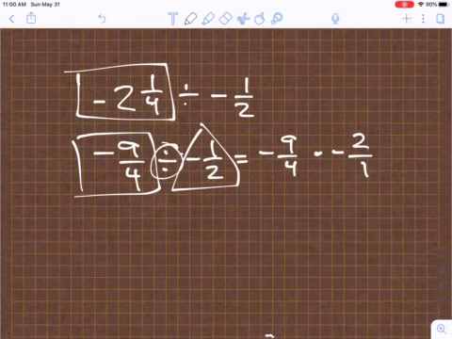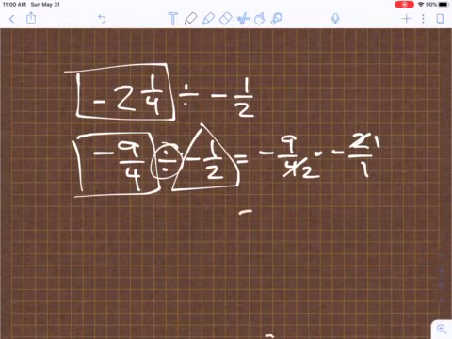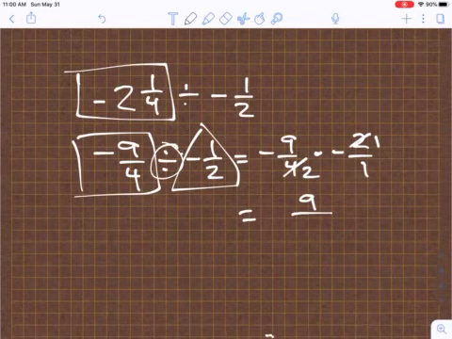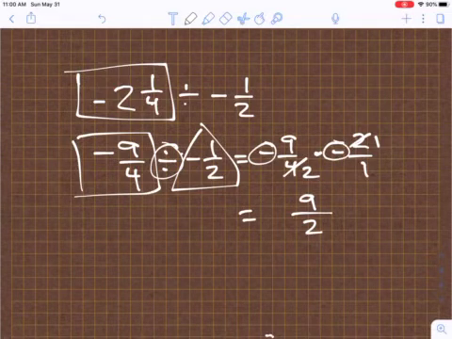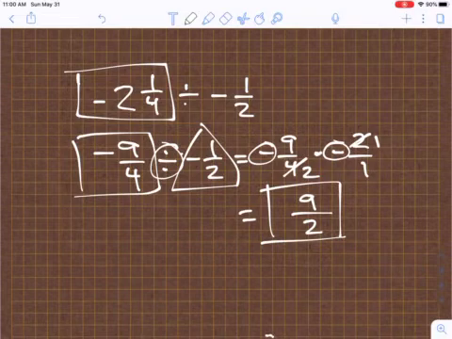So we can do some cancellation on this. 2 goes into 4 2 times, goes into itself once, and then you multiply. Negative 9 times, or sorry, let's ignore the negatives. So 9 times 1 is 9, and then 2 times 1 is 2. Then you have a negative times a negative, which gives me a positive. So you have positive 9/2.